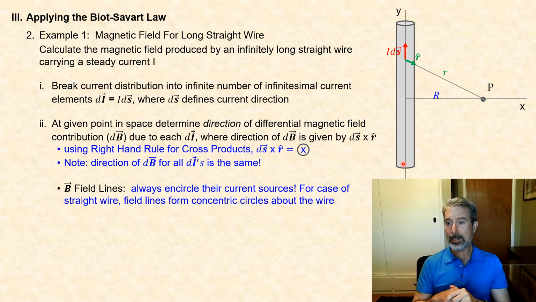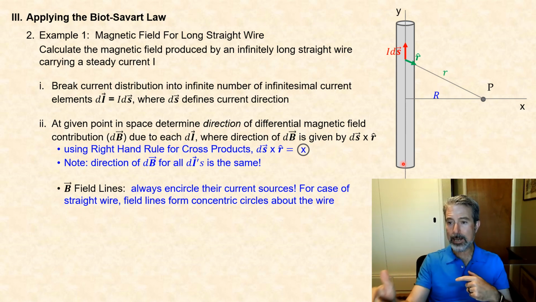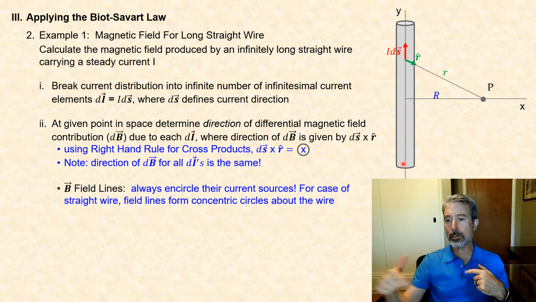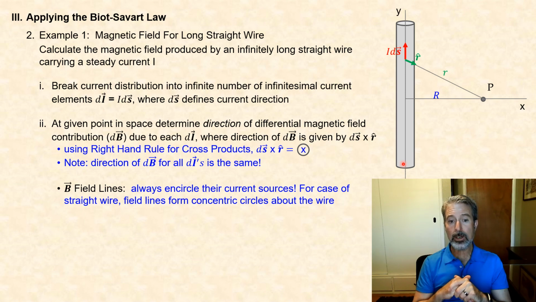Imagine taking this vector, which we said points into the plane of the paper, and now imagine rotating that vector through 360 degrees around the wire so that we get the z direction as well. What you will notice is that the direction of that field will completely encircle the current source. It will completely encircle the wire.